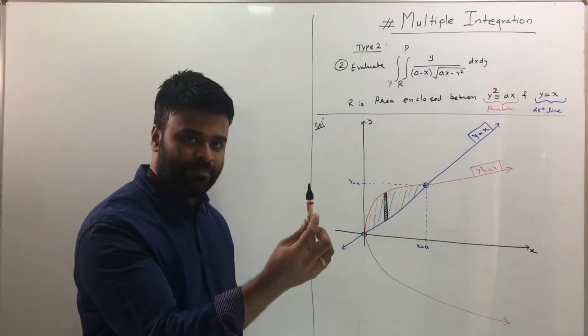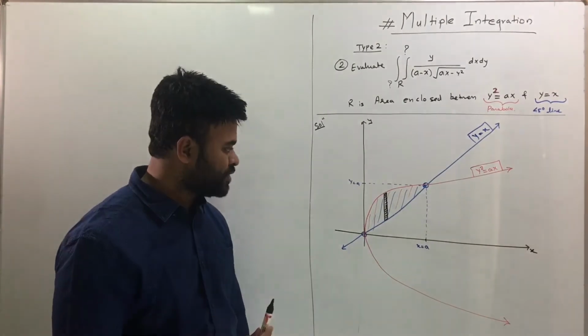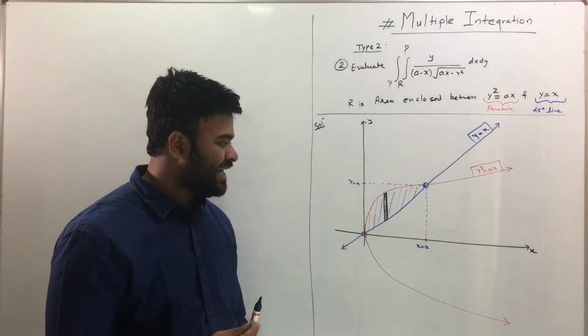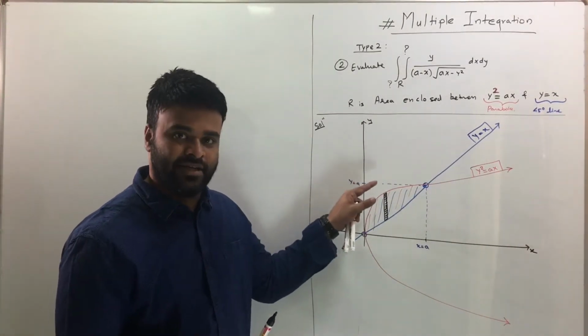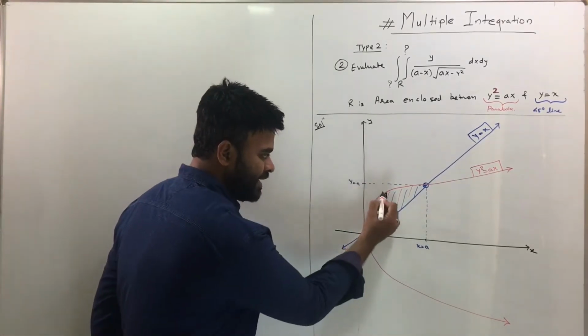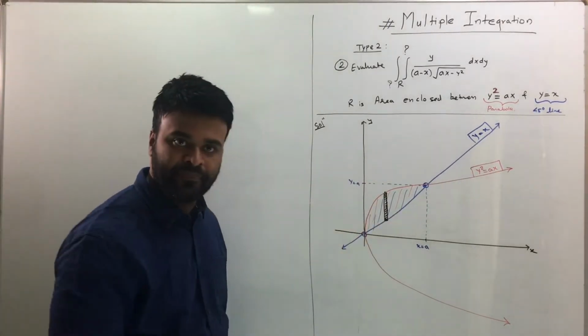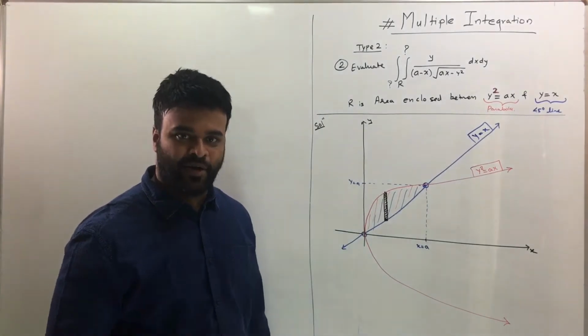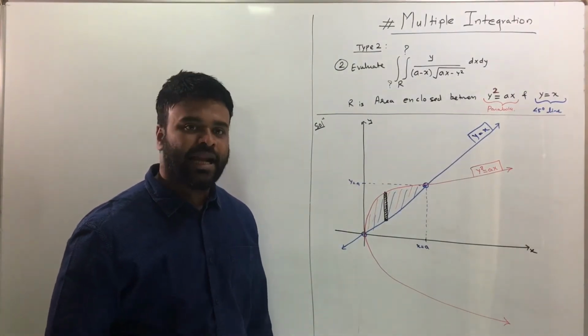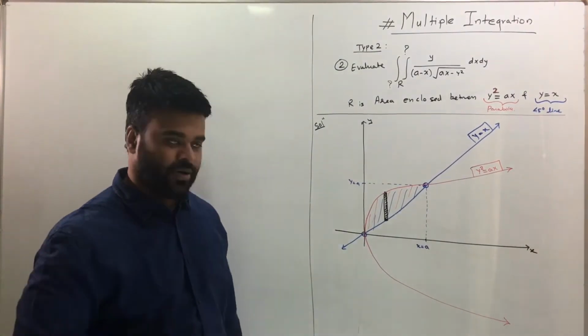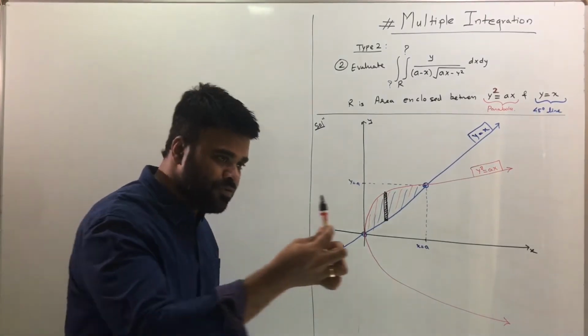This vertical strip, the first rule is that it will never go outside the shaded area. That means the strip will be strictly from here to here only. This is a technique of finding or evaluating the limits. Also, the strip is not fixed. This strip moves, and it moves parallel to itself.